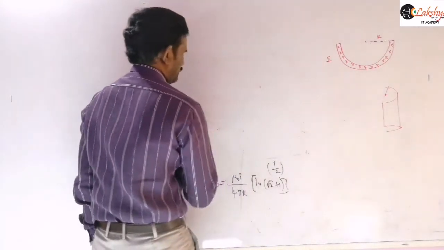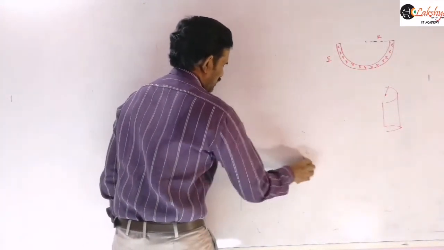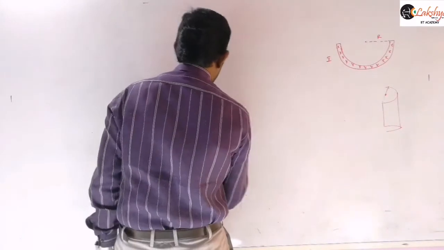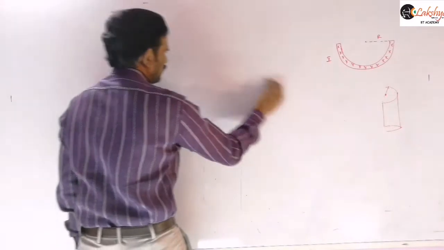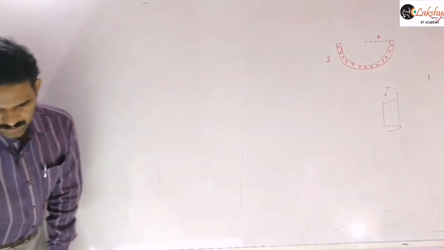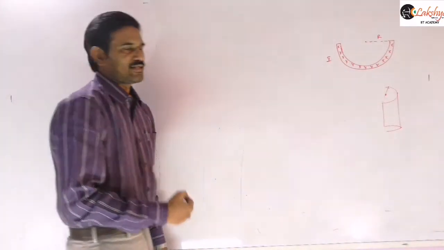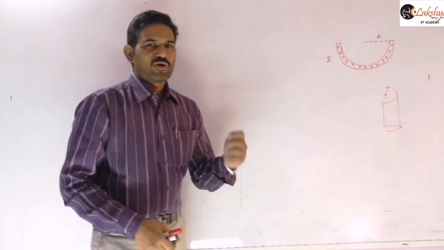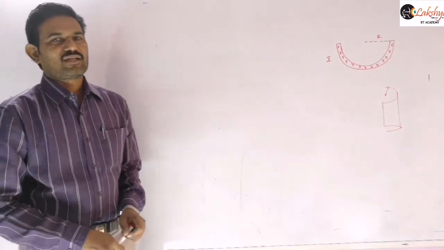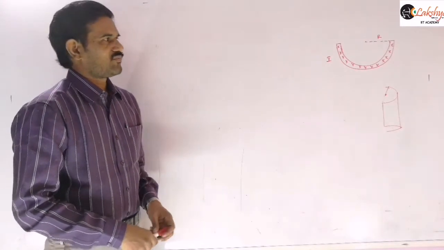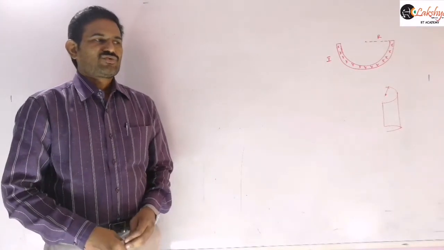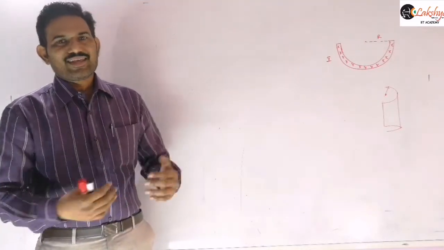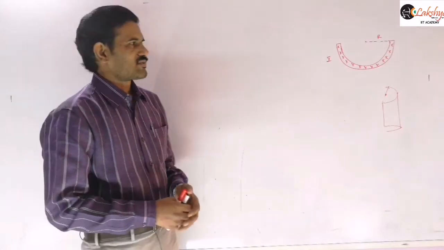Then find the magnetic field at the center of the hemicylinder. That means at any point on the axis. Find the magnetic field at a point on the axis of the hemicylinder. Axis means we are considering well inside, not near any end of this conductor here. That's what we are considering there, right?